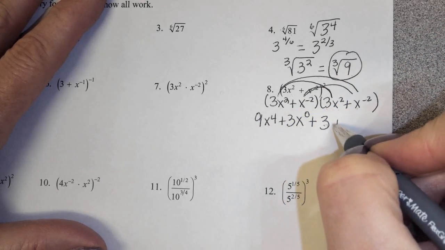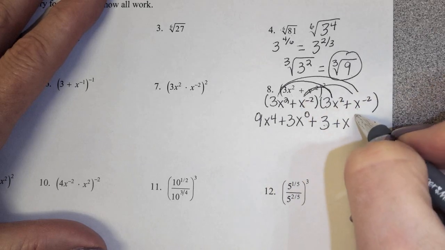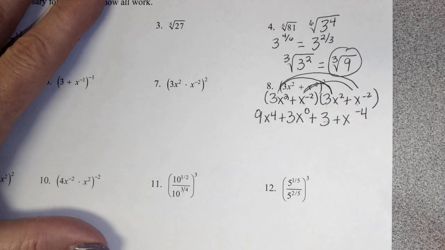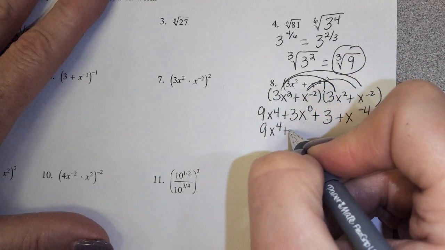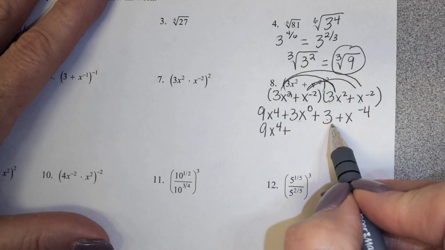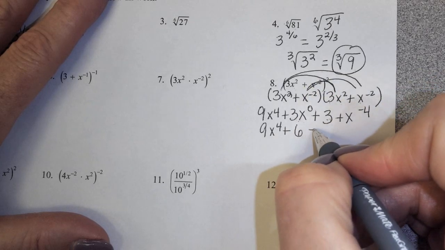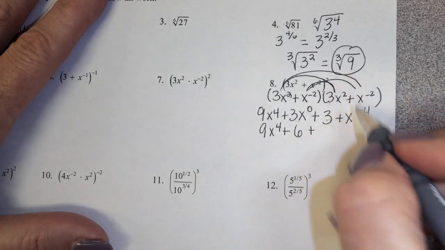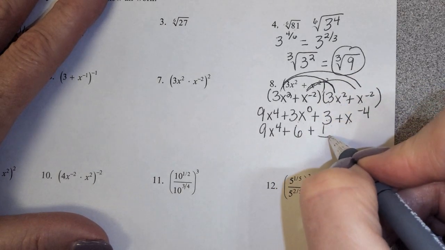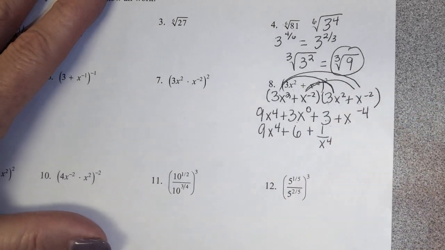Last times last, my base stays the same, I add the exponents. So what I have now is 9x to the 4th plus, this is 3 and this is 3, so plus 6 plus, I can't have negative exponents, so I'm going to have to write that as 1 over x to the 4th.